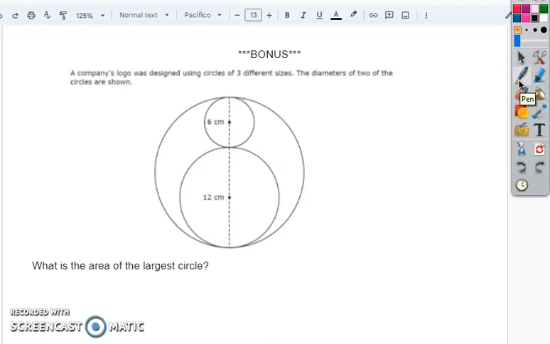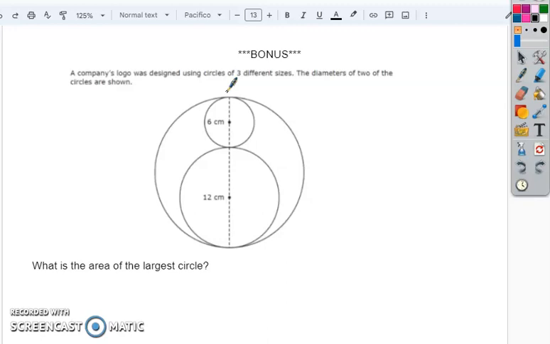I will help you with it if you come to me, but let me read it to you. A company's logo was designed using circles of 3 different sizes. The diameters of the 2 circles are shown. So I know this one is 12 and this one is 6. So that's how much those diameters are together.